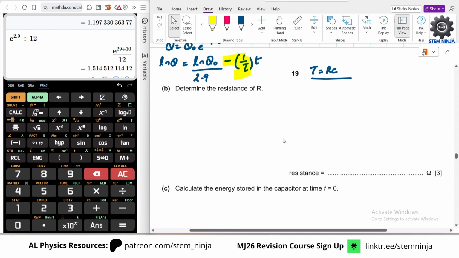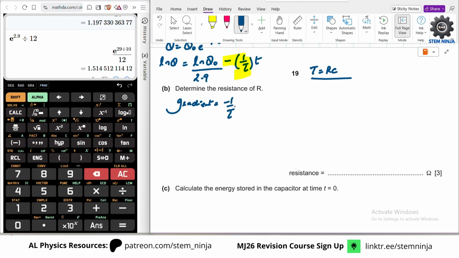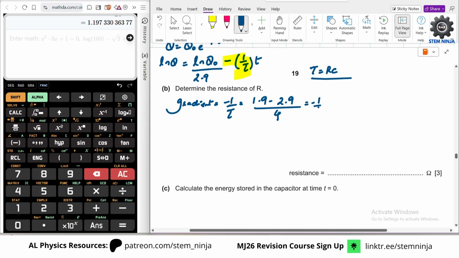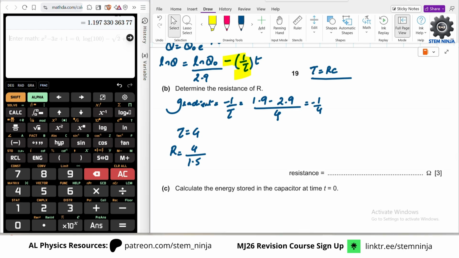So the gradient, which is equal to minus 1 over tau, is 1.9 minus 2.9 over 4, so minus 1 over 4 basically. Therefore tau is 4.